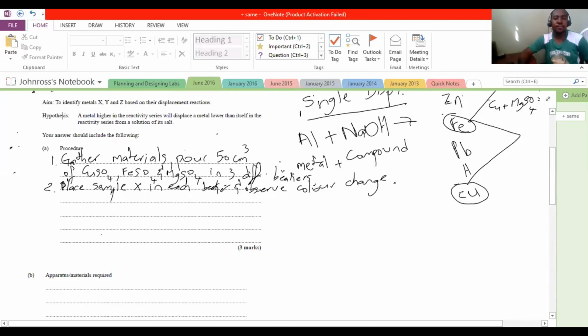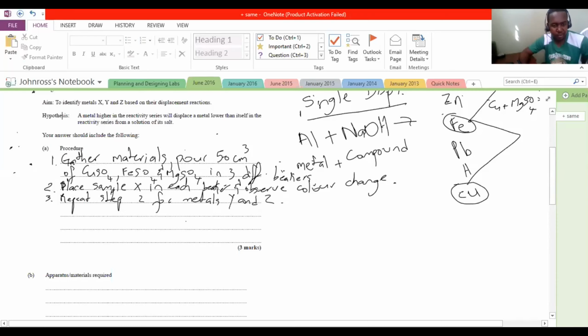All right. So the best part of the procedure is that once you do it for one, you can just state that for the next procedure, we're going to repeat step 2 for metal X, Y, and Z. So we don't have to keep on writing place sample Y in this, and then observe.